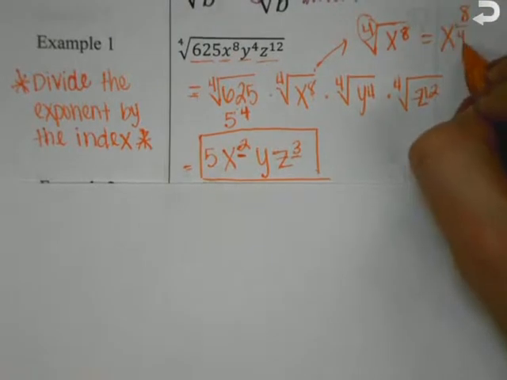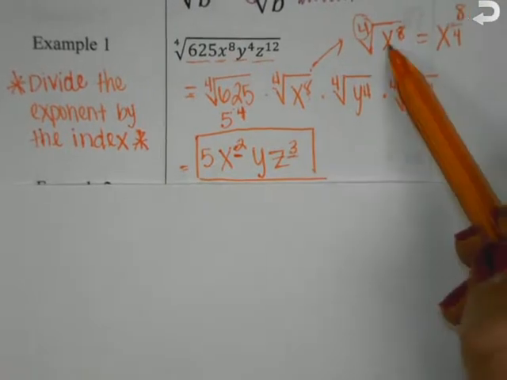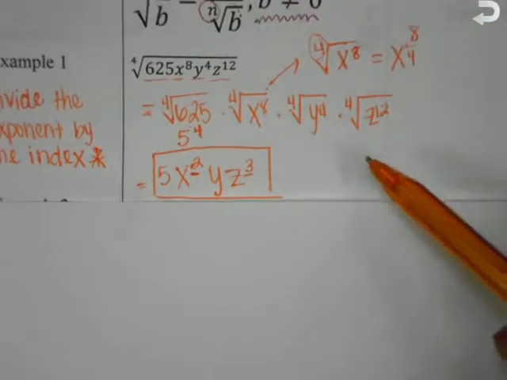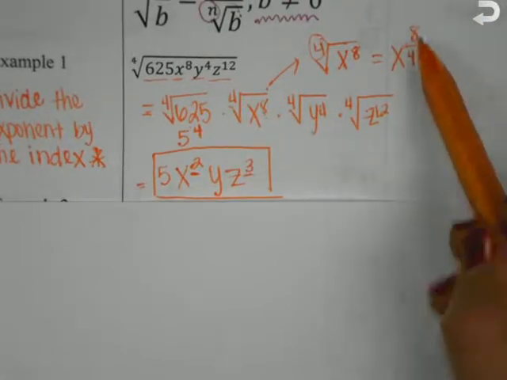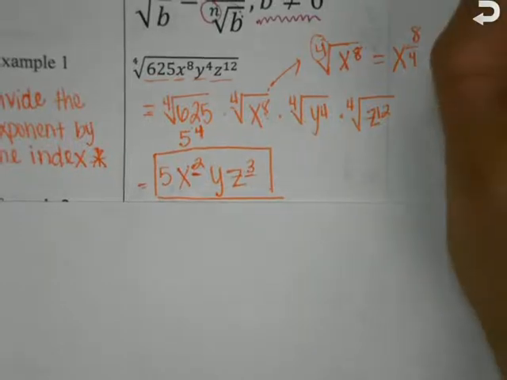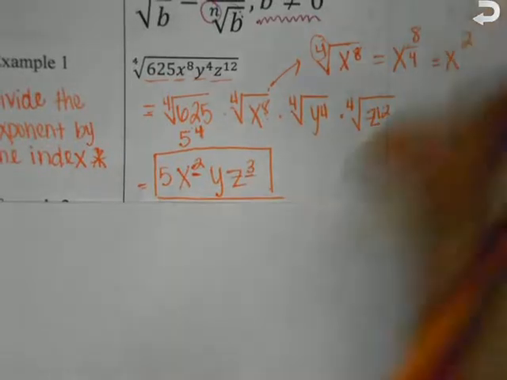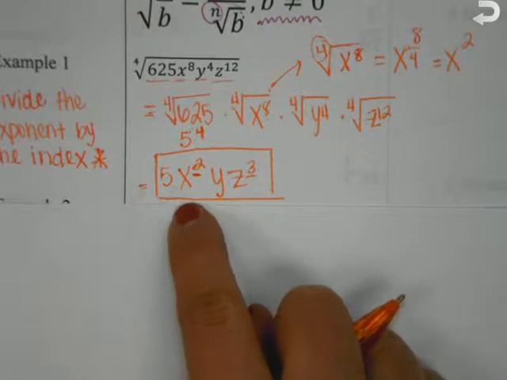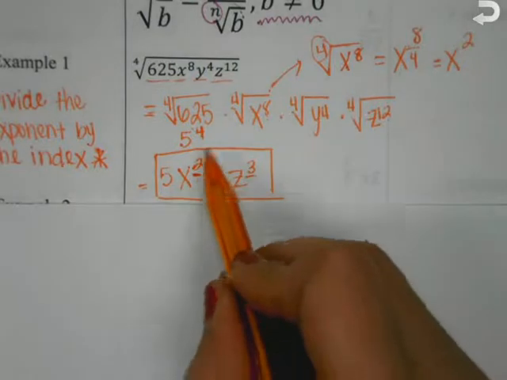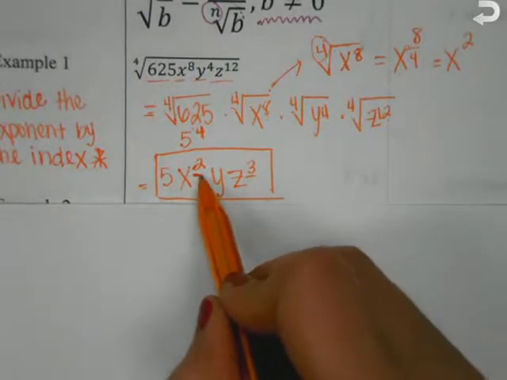So this is the same as x to the 8 over 4. Does everybody agree with that? How does 8 over 4 reduce? 2. So this is the same as saying x squared. Isn't that what we got down here? So that's why it works. Okay, because if we rewrite it in rational exponent form or notation, we could reduce a fraction and still get the same answer. So that's why it works.